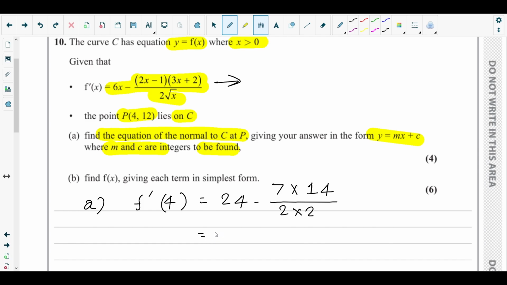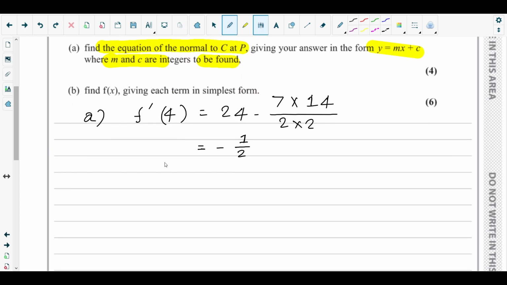So 24 minus 49 over 2, that is negative half. So negative half is the gradient of the tangent at point P.